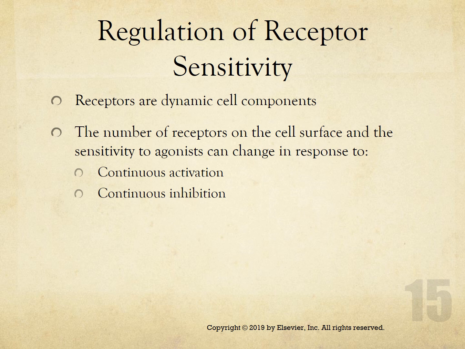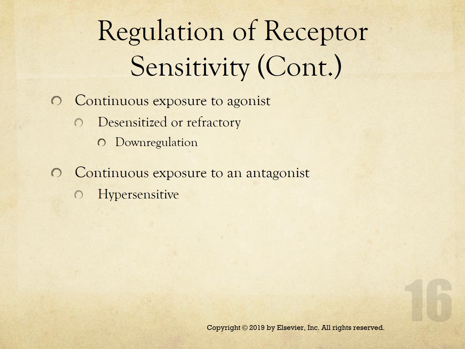This is another concept, along with the concepts of continuous exposure to the agonist, which gives you a desensitization, which causes a downregulation, or you can have continuous exposure to the antagonist, which causes a hypersensitivity. One of the things that I do talk to patients about is, again, with psych, when I mentioned earlier that it may take 4 to 6 weeks for the meds to work in some cases.